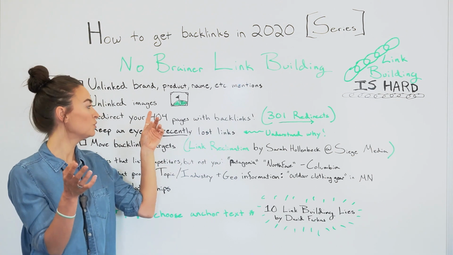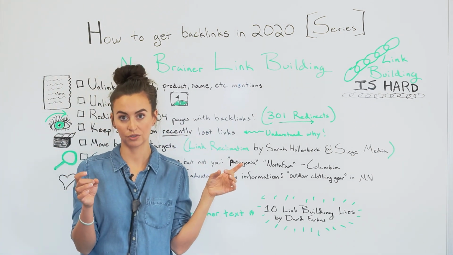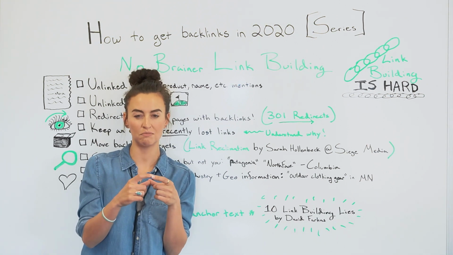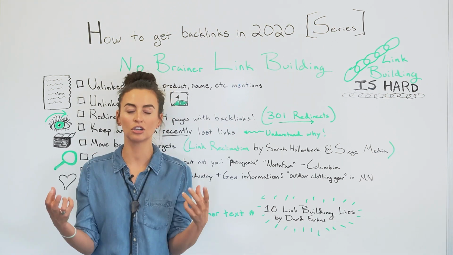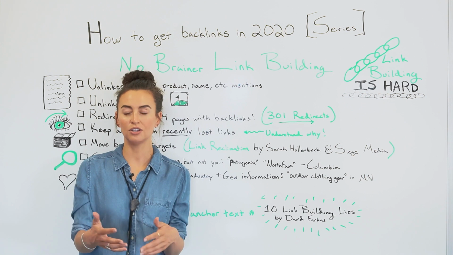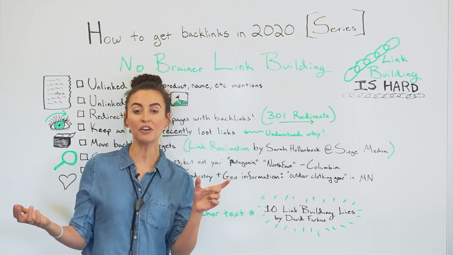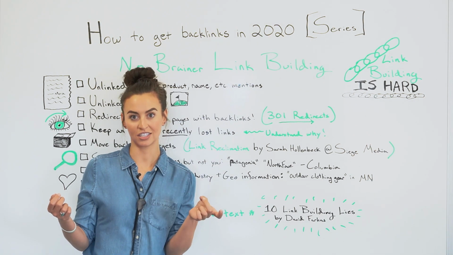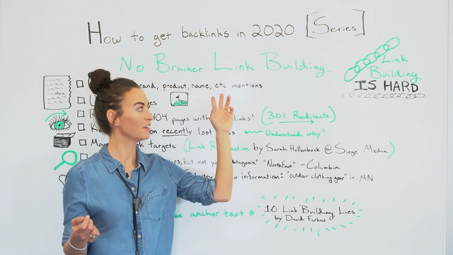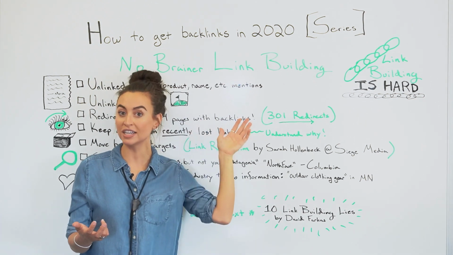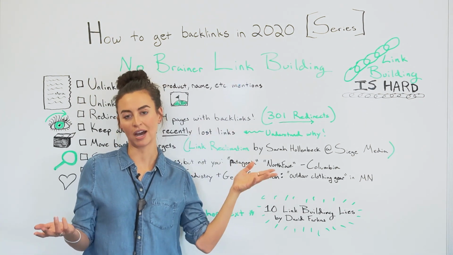So use Google reverse image search and put in the images that you think might have been taken or used on other websites, and you will immediately see what those websites are and whether or not they link back to your site. So again, very similar to this first one, you're basically just asking for them to credit the website and link back accordingly.